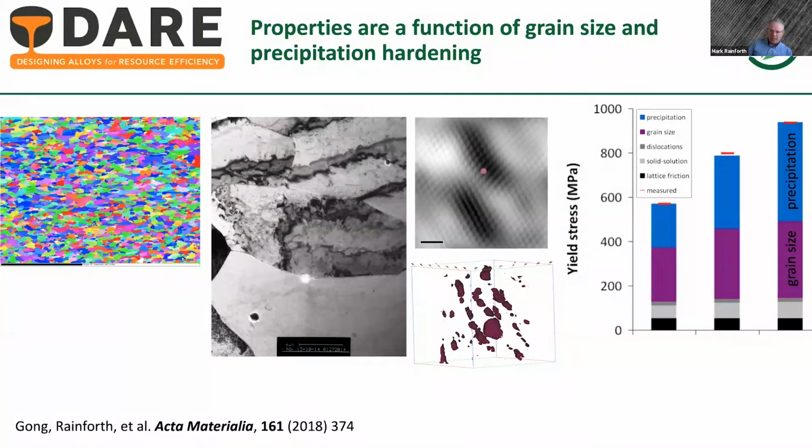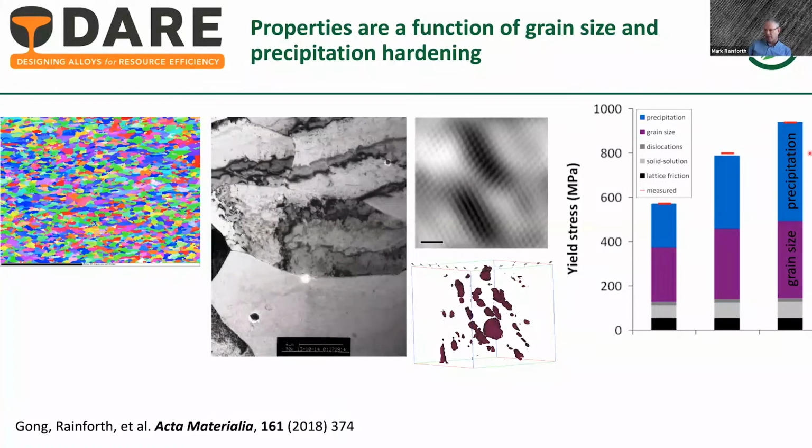You can see here the high resolution image. Sorry, the scale bar is missed off here, but you can see the lattice lines, and so they are just in the region of 1 to 3 nanometers in size, extraordinarily fine. And we can only truly see those when we look at atom probe studies, and we can see now the very high number density of extraordinarily fine precipitates.